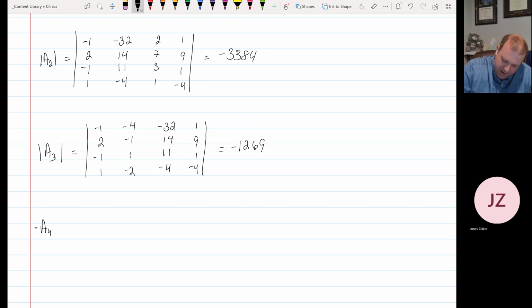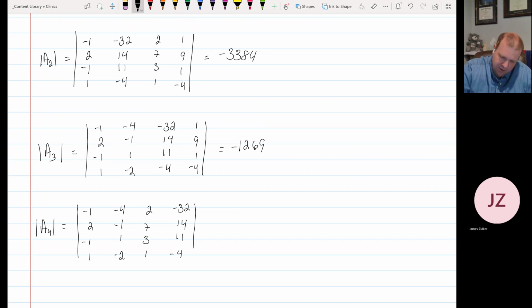And finally, to find A4, we take the fourth column of A and replace it with B. That gives us a determinant of 423.